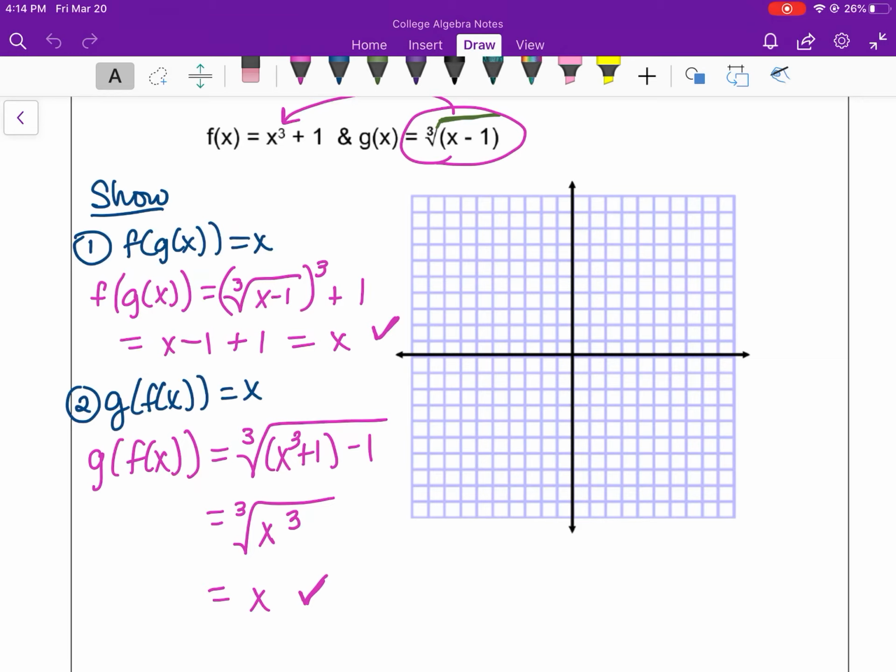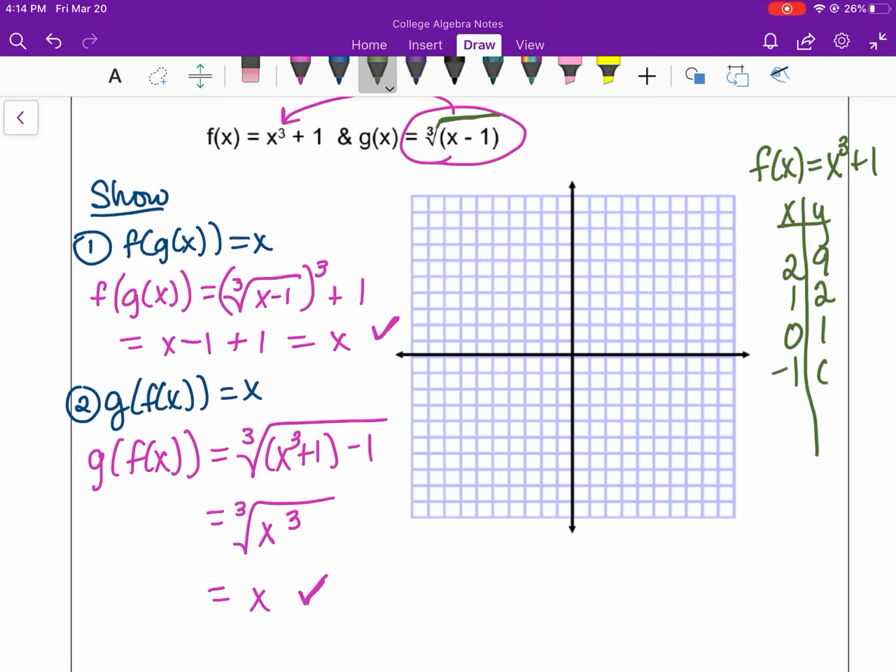So first what I'm going to do is I'm going to take f of x here in green. I'm going to go ahead and graph it. I'm going to do an xy chart. Now, I know this is just x to the third shifted up 1, but what I'm going to do is go ahead and do my xy chart. So when I plug in 0, I get 1. 1 is 2. 2 is 9.